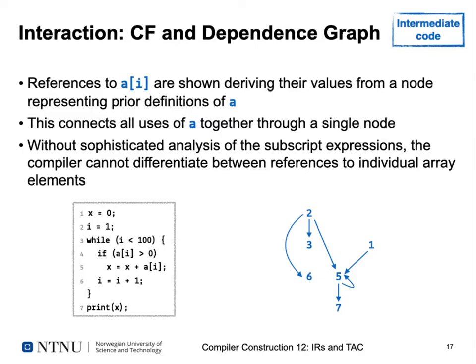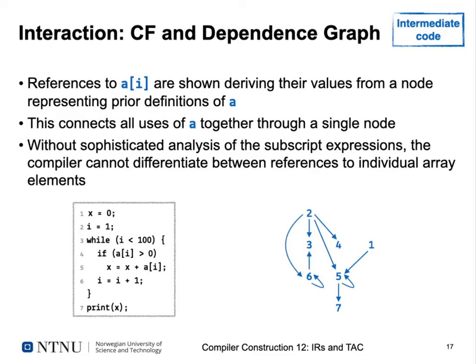And it's used in line 6 because we update our array element counter here by incrementing it. And finally, it's also used in line 4 because here we actually check if the value of our current element in the array at position I is actually larger than 0, and only then we add it to our sum variable x.